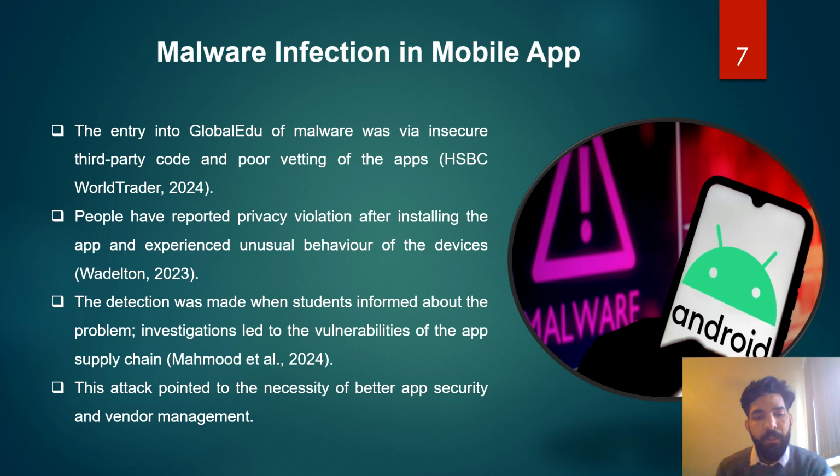The company found the issue when students reported problems, tracking it to a supply chain weakness. This case highlights the importance of thorough app testing and better vendor management to protect users from similar threats. People reported privacy violations after installing the app and experienced unusual behavior of their devices. The detection was made when students informed about the problem.